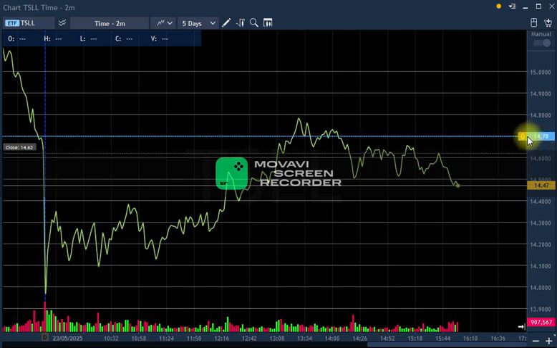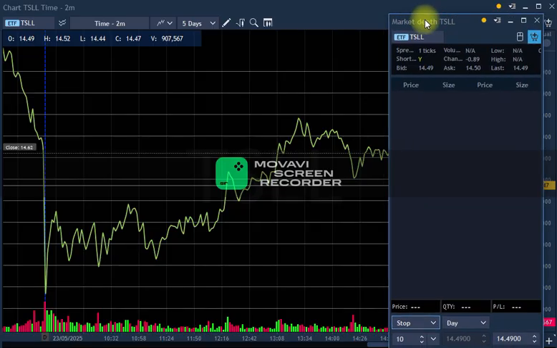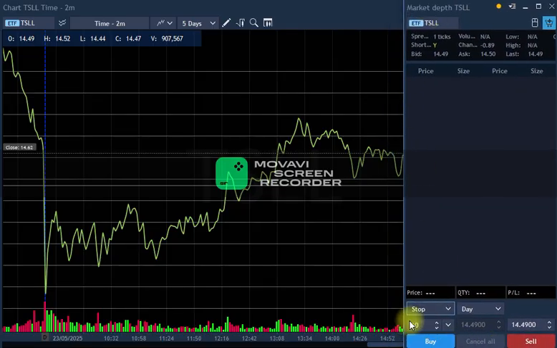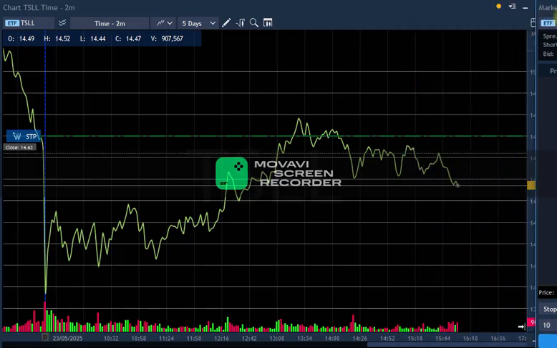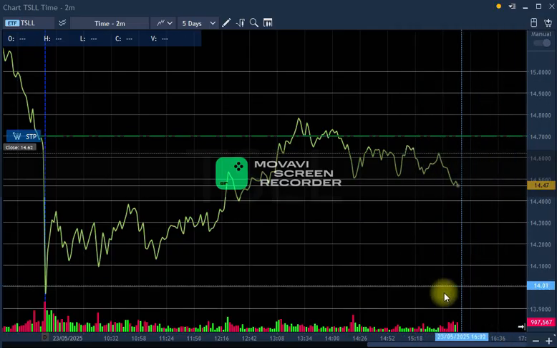Again, I can wait and execute it manually with the market order, or I can use the stop order, which will tell the platform the following. The stop order 14.70 buy. I'm placing the order, and the logic behind it is as follows.